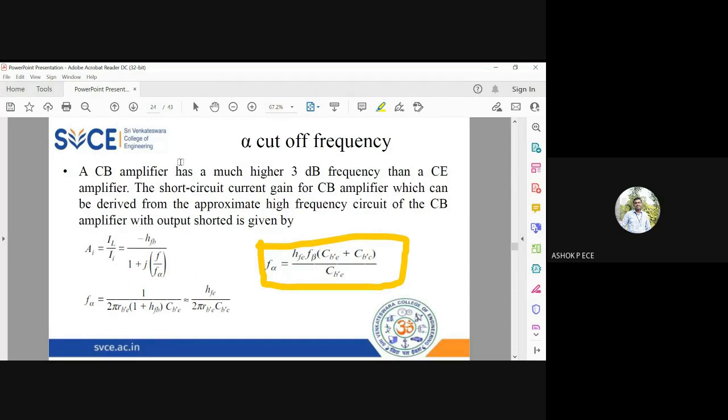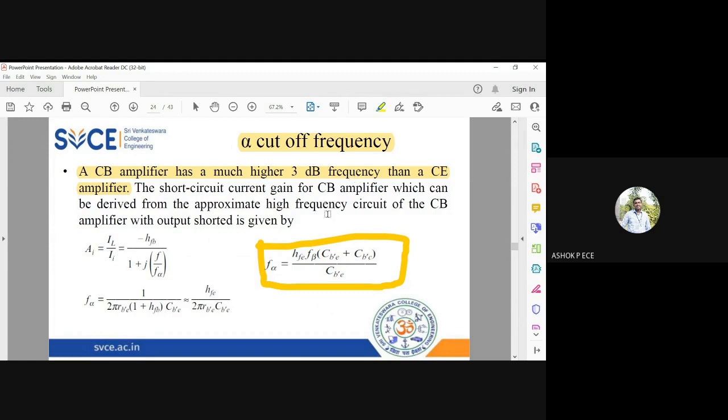So when you compare common base and common emitter amplifier, common base amplifier has a higher 3 dB cutoff frequency than a common emitter amplifier. So if the 3 dB cutoff frequency is very high, I'm going to have a larger bandwidth also.